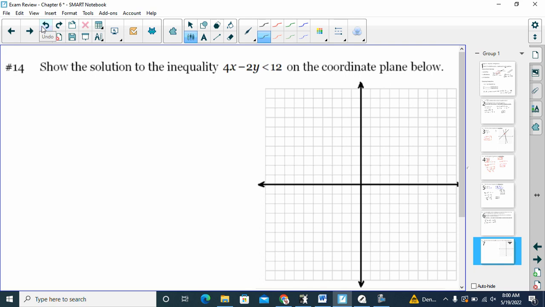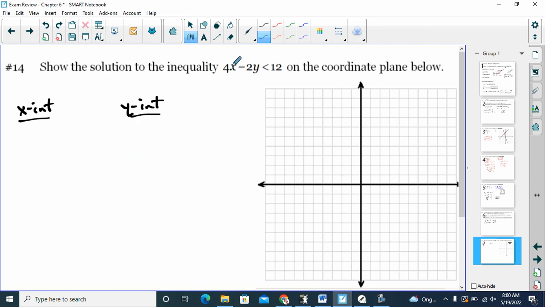And number 14 asks us to show the solution to the inequality 4x minus 2y is less than 12. There are a couple different ways you could do this problem. The way I'm going to do it, at least the first time, is by finding the x-intercept and the y-intercept.